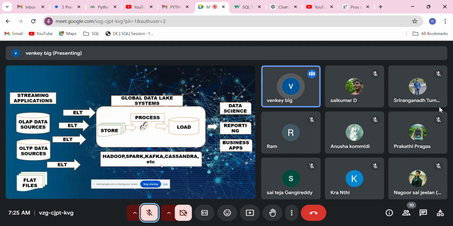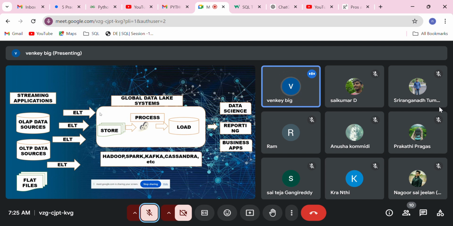These systems are capable of storing and processing huge amounts of data. Here we follow a process called ELT: extract, load, transform. This process will be done by data engineers only. Even in the cloud, we are following the same process: extract, load, and then transform.